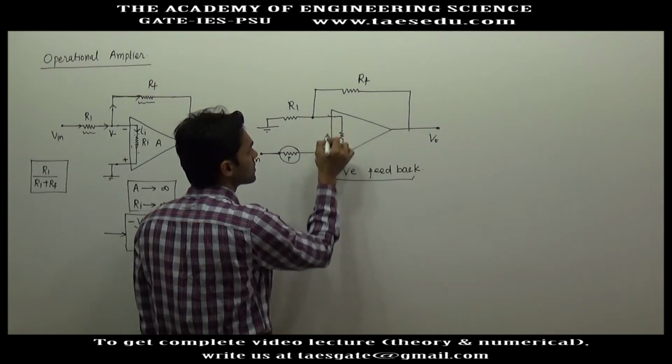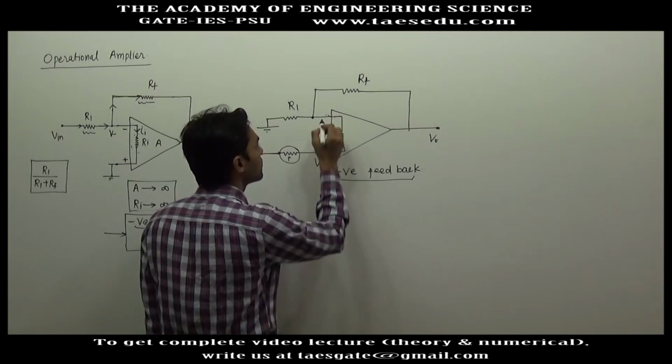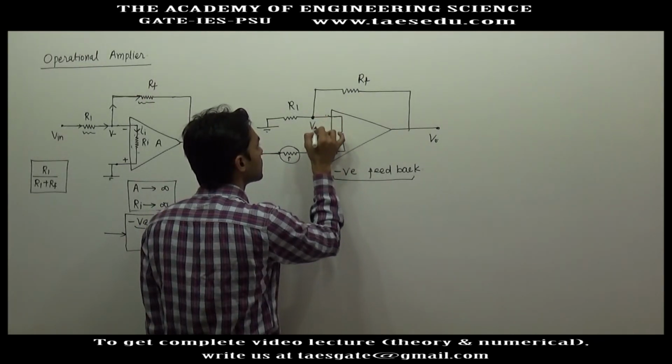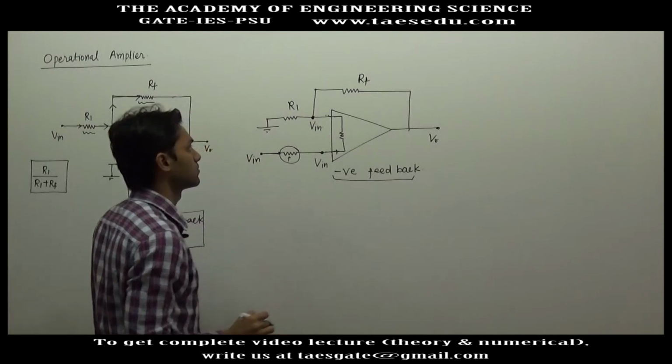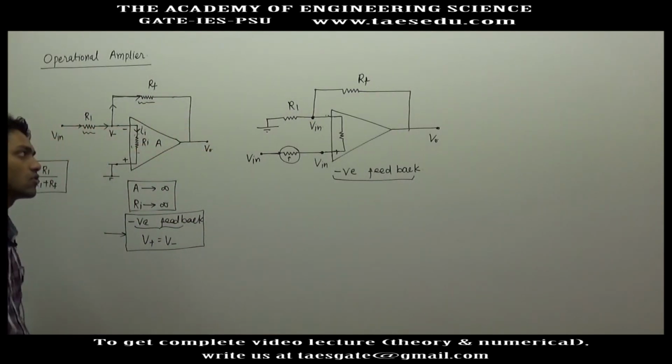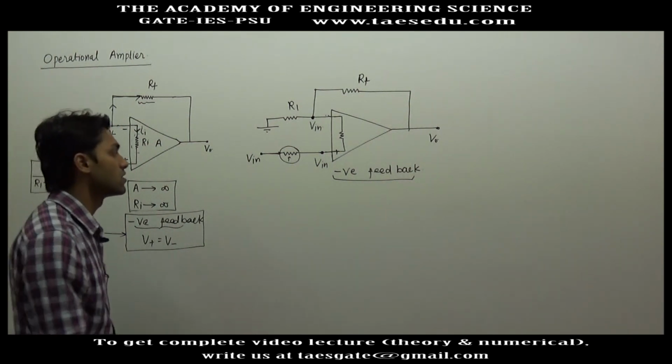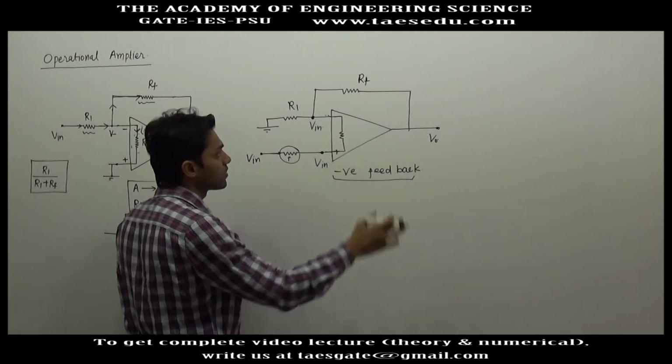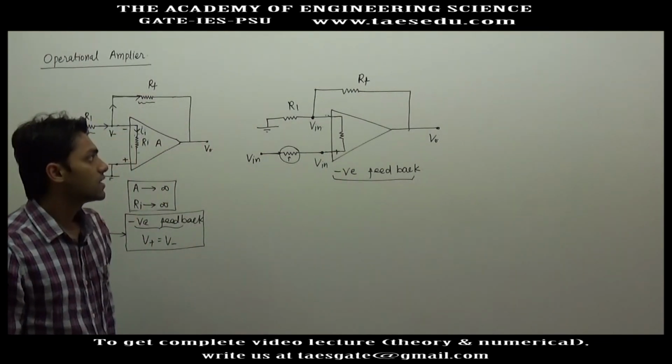Now these two potentials are the same due to negative feedback, so this point will be at input voltage. As I said, in this question only network analysis is left. If you are strong in solving electrical network questions, you can easily solve operational amplifier questions in negative feedback.